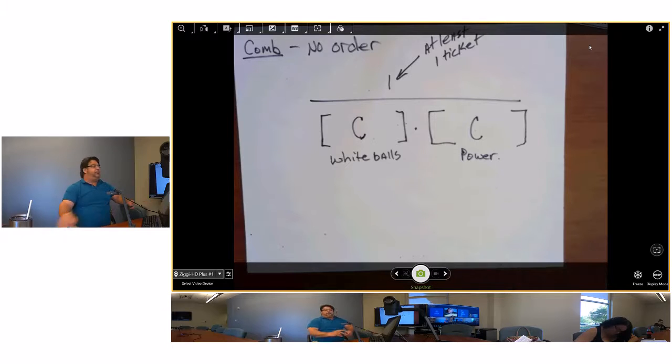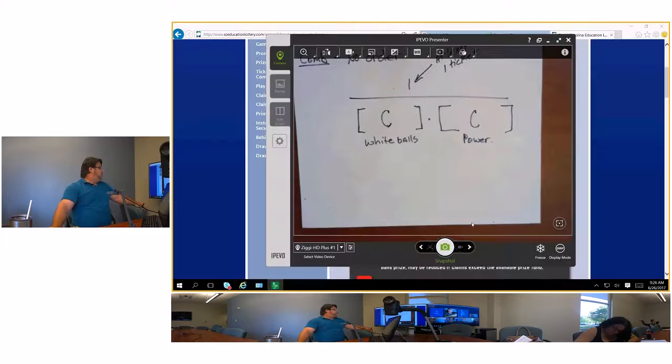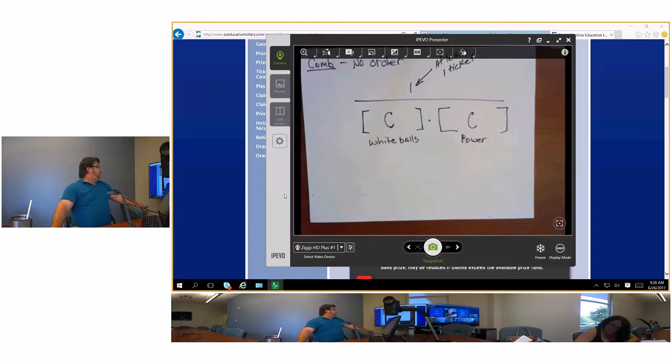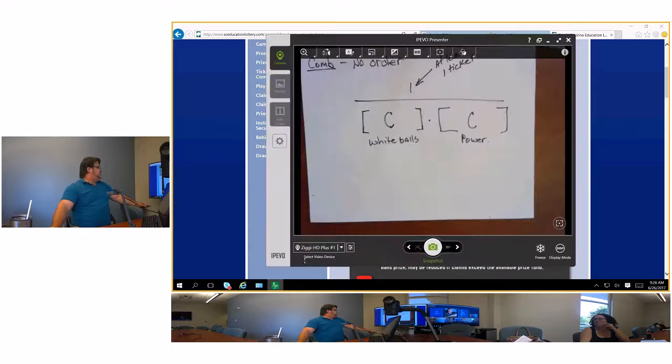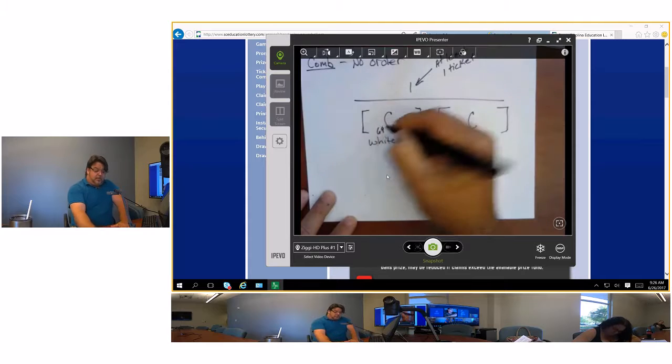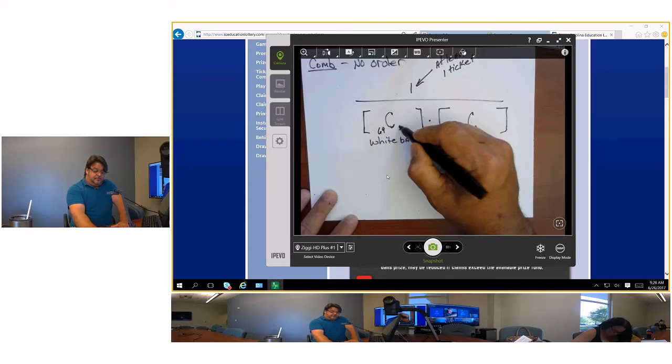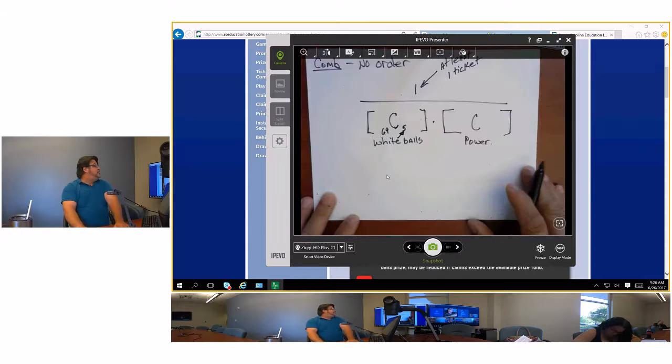So let's go back to the white balls. The white balls are 1 to what? 69. Okay, so that's 69, right? So that'd be 69 combination 5. Because how many white balls are there? How many slots? There's 5 white ball slots.